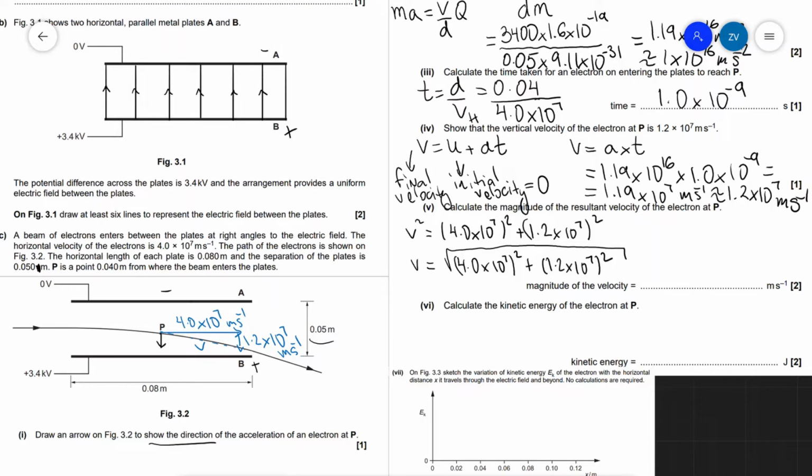Carefully inputting this into a calculator, we're going to get a magnitude for the velocity to be 4.2 times 10 to the power of 7 meters per second.